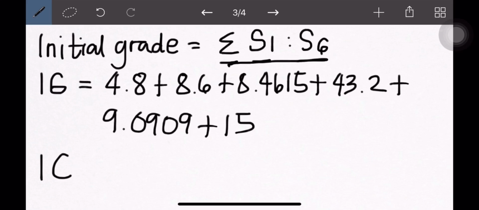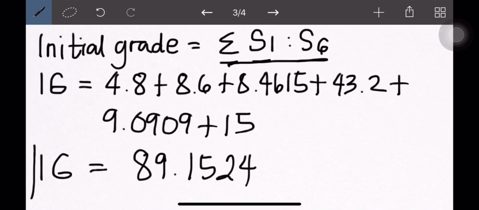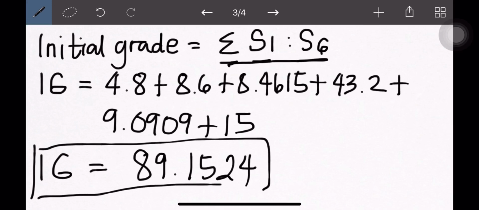So IG stands for initial grade. Okay, let's calculate. 4.8 plus 8.6 plus 8.4615 plus 43.2 plus 9.0909 plus 15. So the initial grade of Rizal is 89.1524. Okay, so let's check again as a quality check. Is it computed correctly?